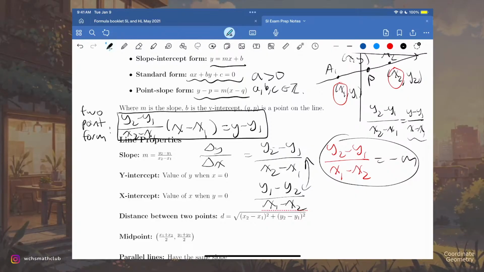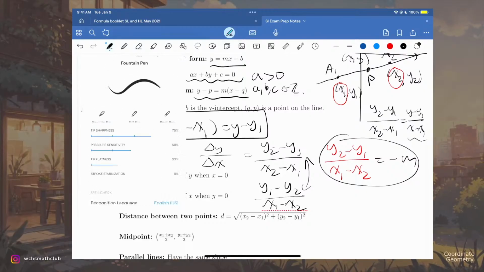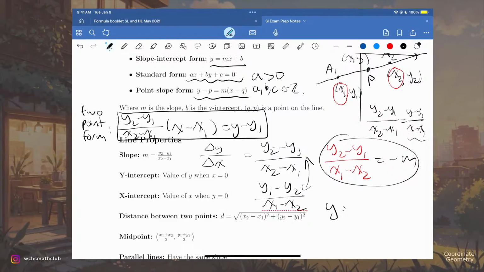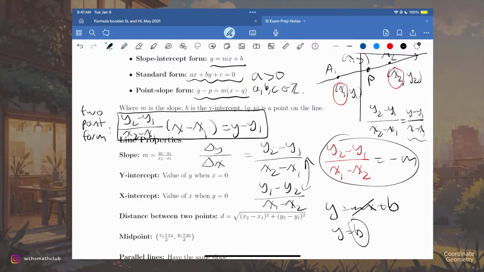Y-intercept is the value of y when x is equal to 0. And so you can see that if we have the original y equals mx plus b, if you set x equal to 0, then the mx term dies. Then y equals b. This b is the y-intercept. And the x-intercept is the value of x when y equals 0.